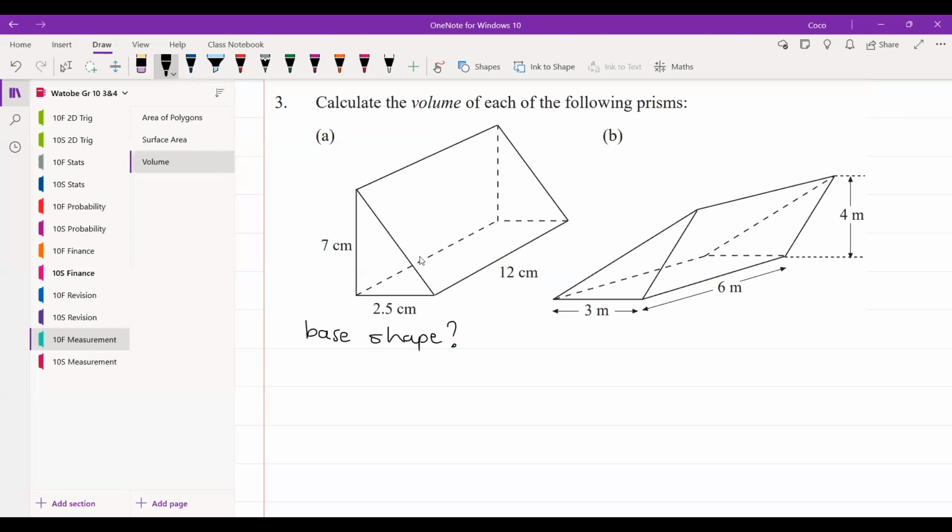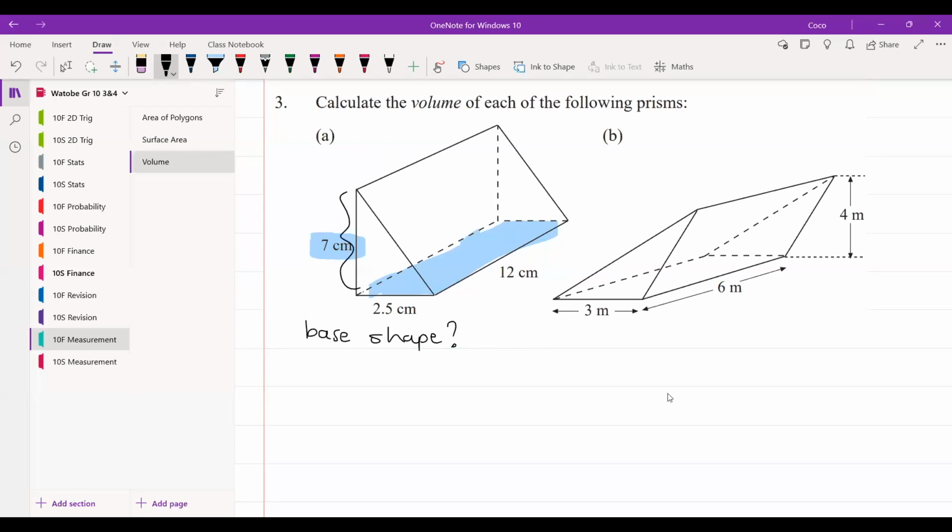Yeah. Okay, all right. Now, most of you would say rectangle. Abigail, all of you who said triangle are correct. All right, and let me explain why. Now, if we use the rectangle as our base, then this 7 centimeter is going to be our height, right?